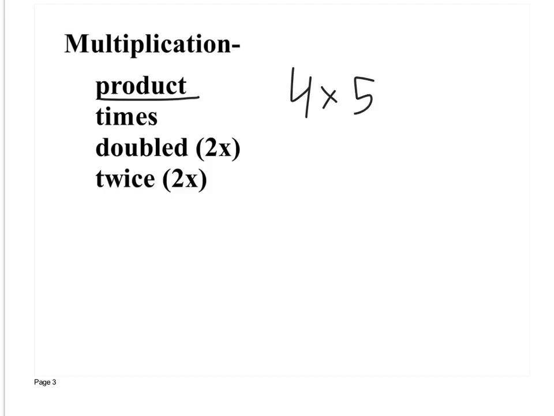If you see doubled or twice, that's one they'll use every once in a while. That means you times it by 2. So if they say the number of students in this class was doubled, you times it by 2. Or if they said twice the amount of Cokes, then you times it by 2. Any questions about that?